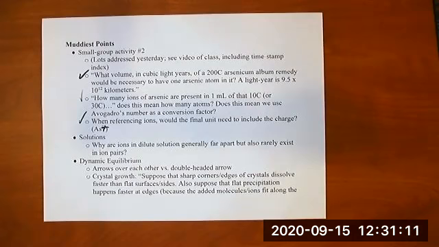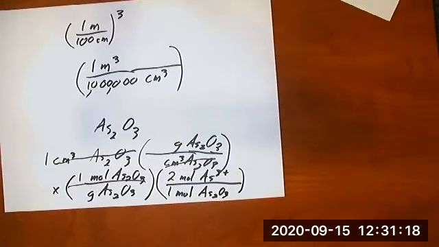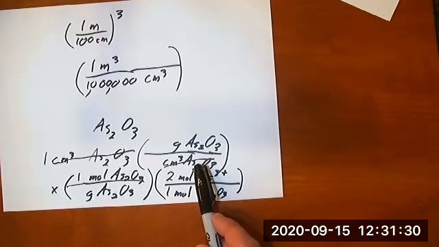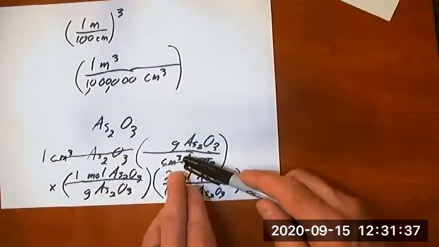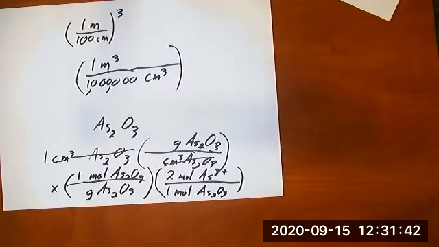Okay. Since there have been a number of people who have demonstrated some issues with dimensional analysis, there's one subtlety here I want to point out. You'll notice that at every step, I am including the substance as part of the units. That's extremely deliberate. If you only put in cubic centimeters and then cubic centimeters and grams here, you're losing track of what it is that it is grams of.